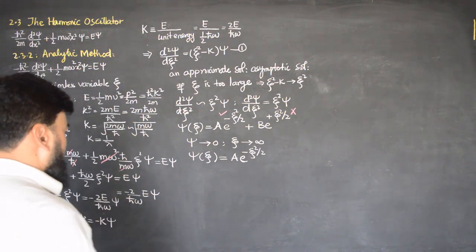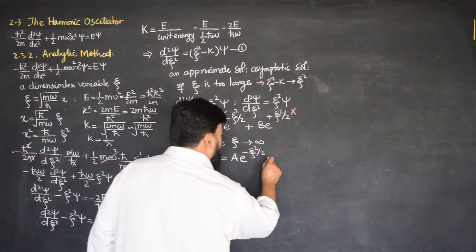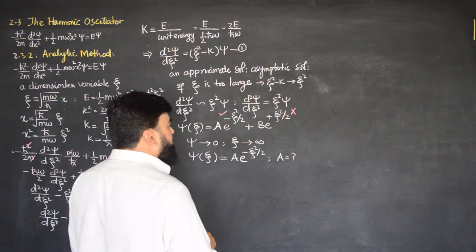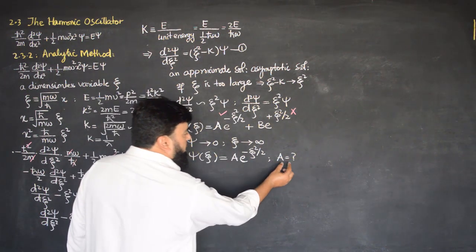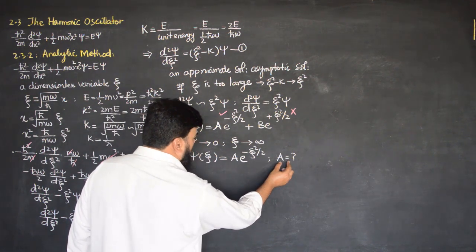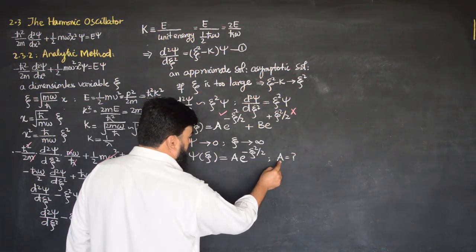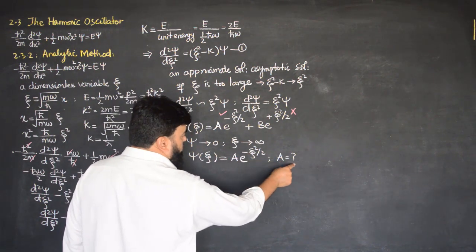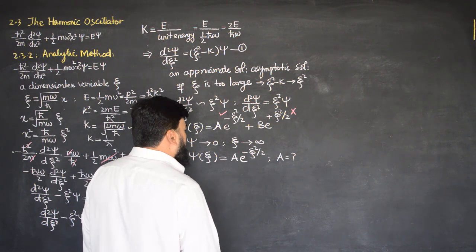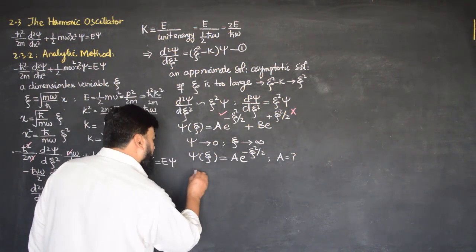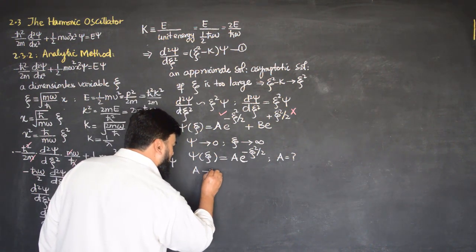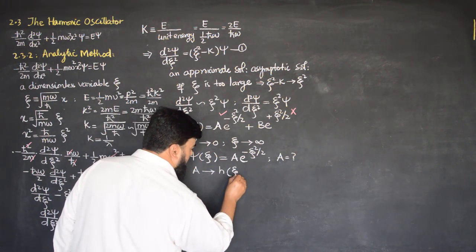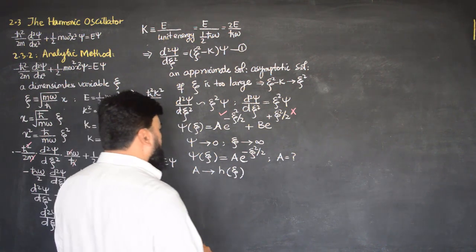Now what will be this constant, which is a constant of normalization? Let me consider that it may or may not be a complex normalization constant. It may be a function of xi as well. So by keeping all the possibilities, let me write that this constant of normalization is H, and it is a function of xi.